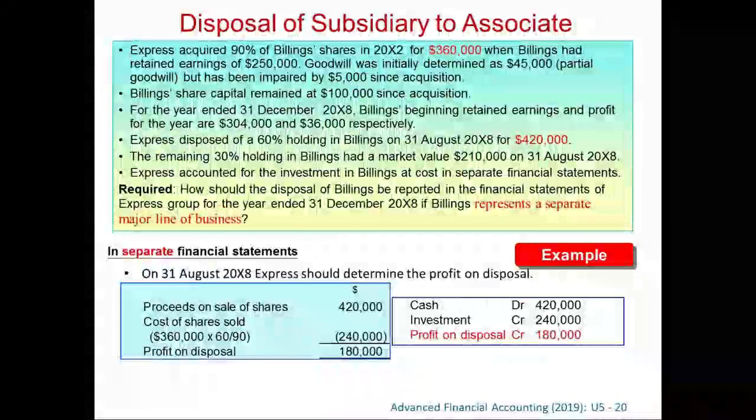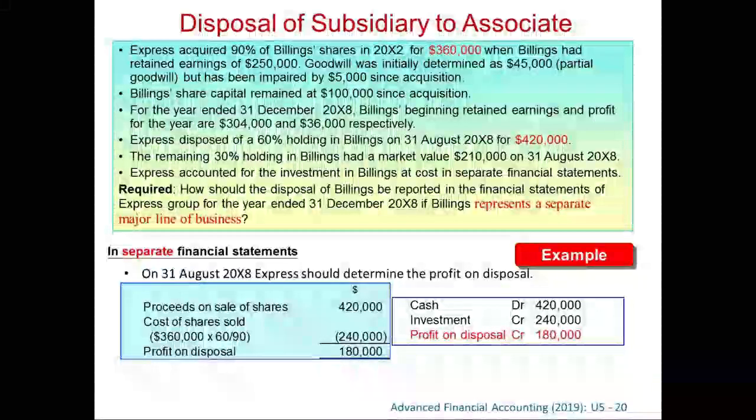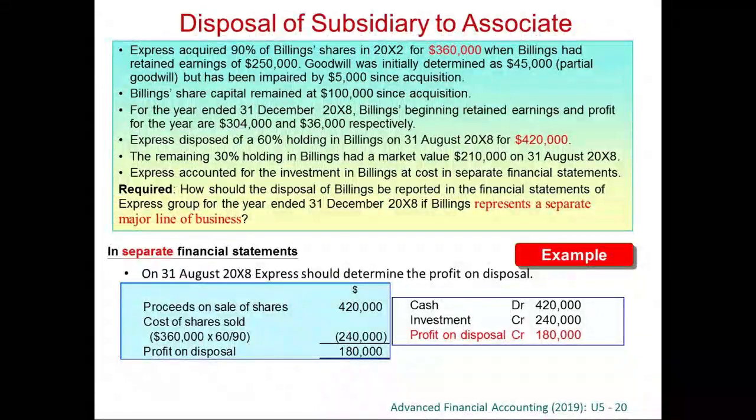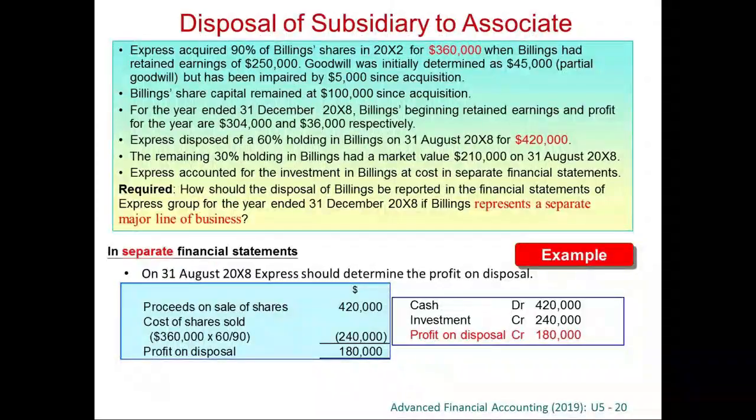We credit investment. How much is the investment that we have disposed? 90% is $360. You did not dispose all, you disposed 60%. So you have disposed 2/3, right? 2/3. 60 out of 90, that means 2/3. 2/3 of 360 is 240.